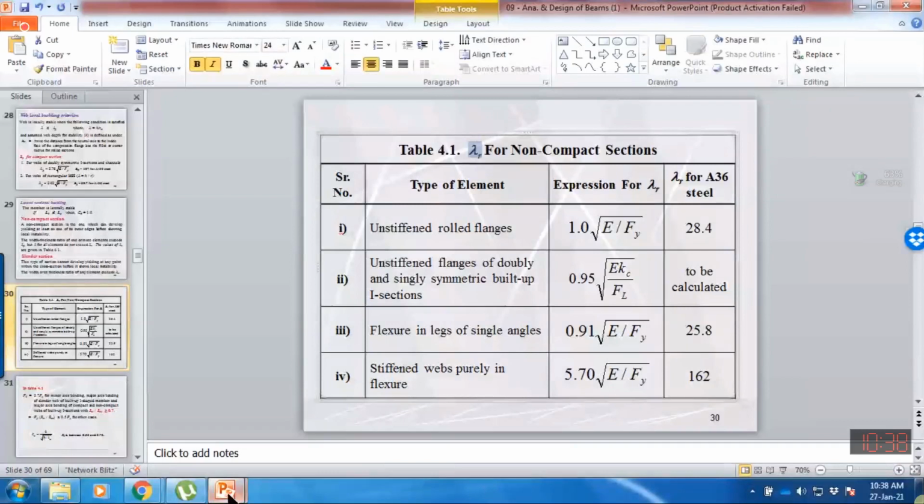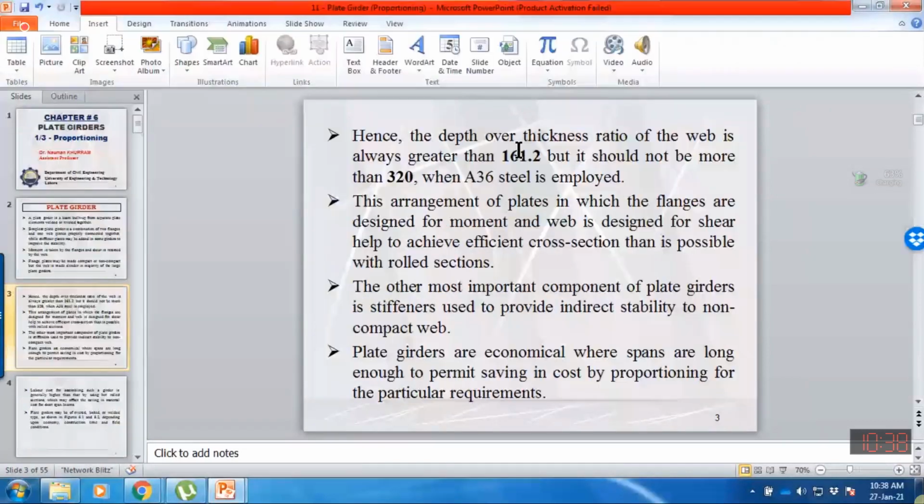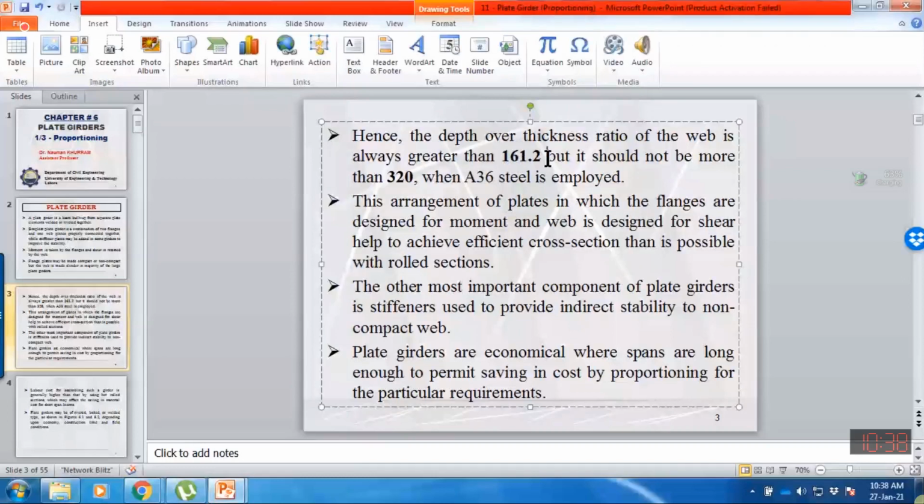So the depth over thickness ratio of the web is always greater than 161.2. So I can say that lambda w is more than the lambda r value, so our web will always be slender.